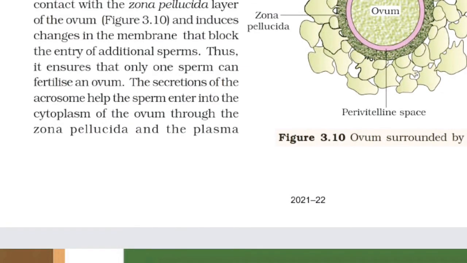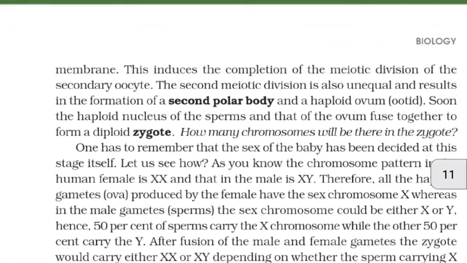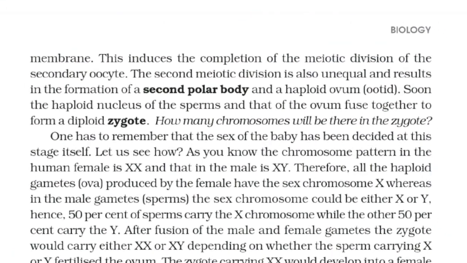The secretions of the acrosome help the sperm enter into the cytoplasm of the ovum through the zona pellucida and the plasma membrane. This induces the completion of the meiotic division of the secondary oocyte.